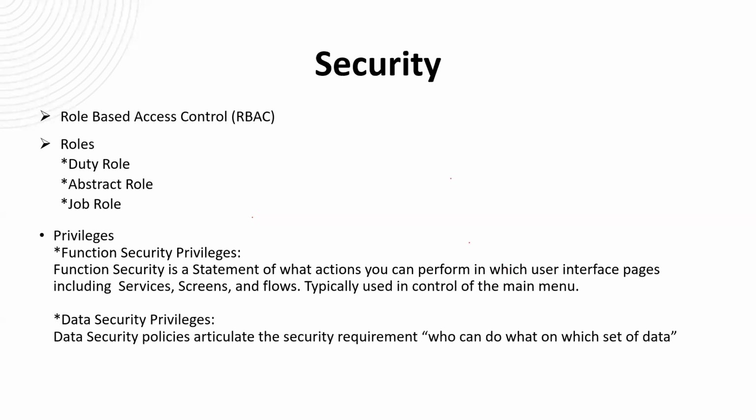Like that, we can save the data. We can maintain control on the application and functional data. So this is called role-based access control. Based on the requirement and the employee limitations, we can provide the access to the employees.